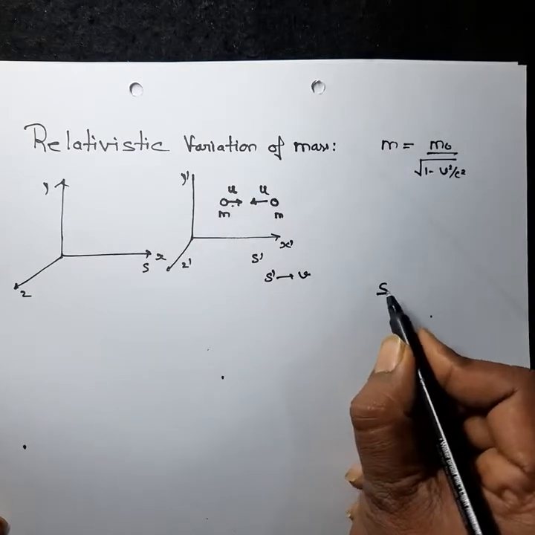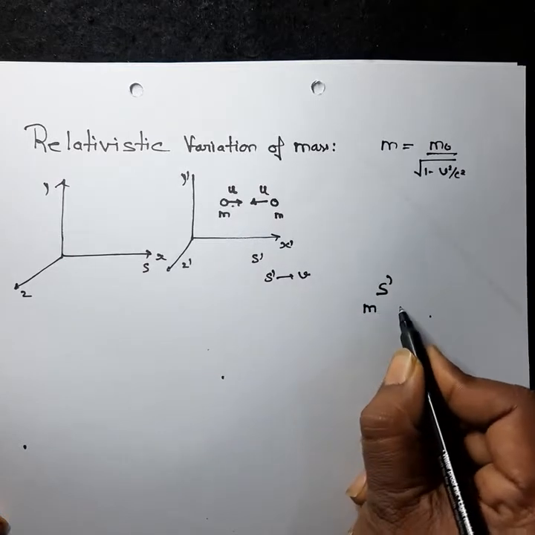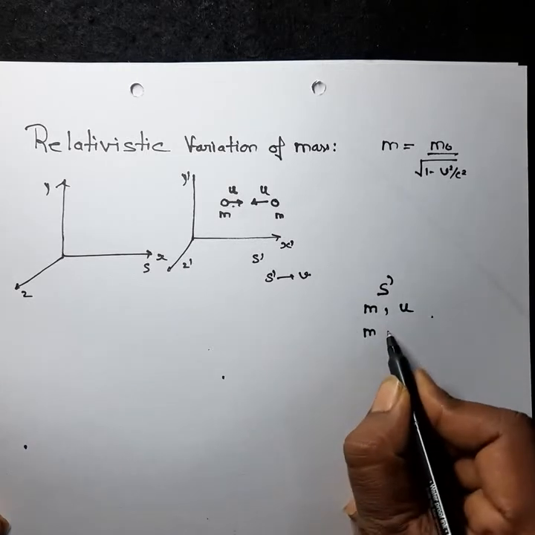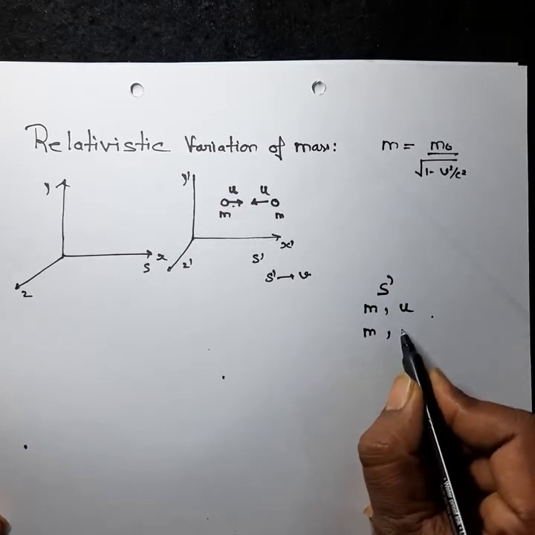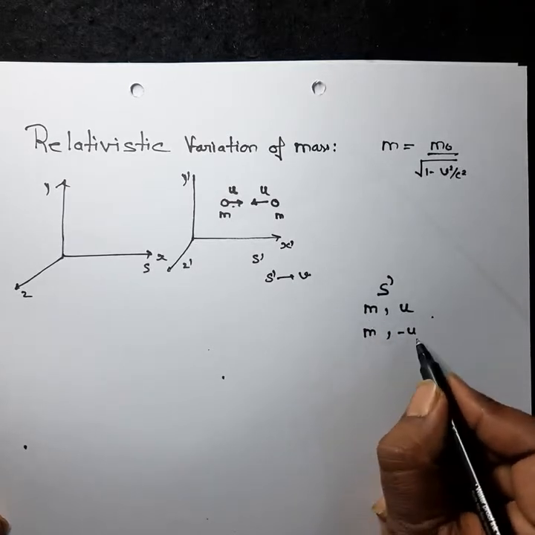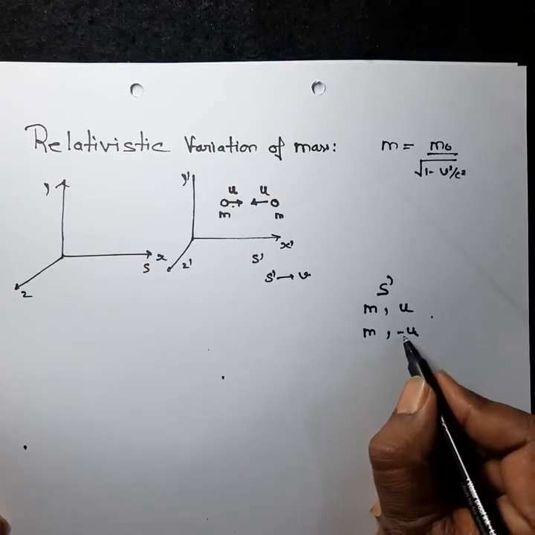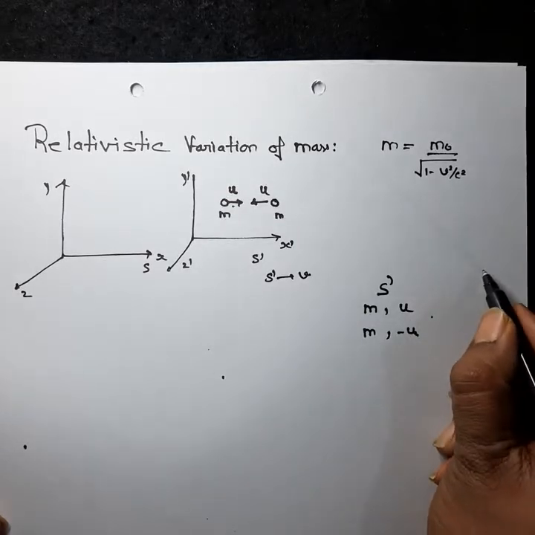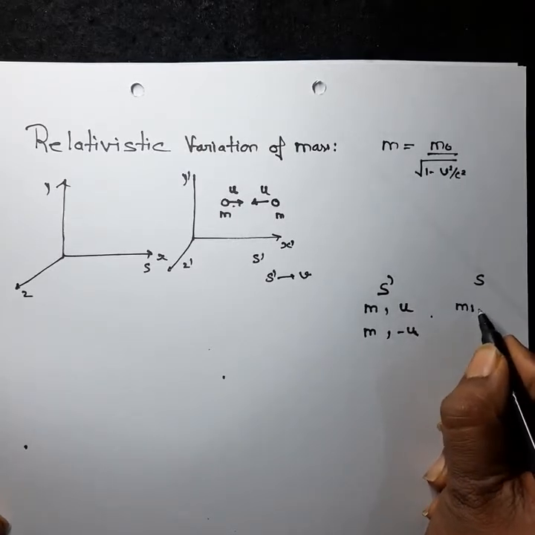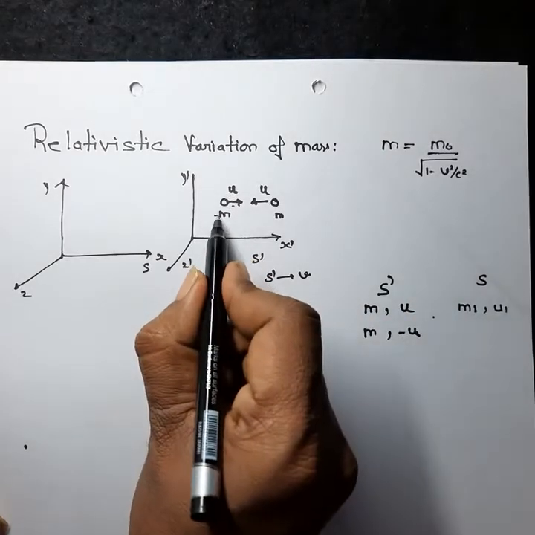So for the two masses in the S dash frame of reference, their mass is m and velocity is u. For the second mass, we can consider its mass is the same. We have assumed that the mass is the same and their velocities are in opposite directions, so I am using the negative sign here.